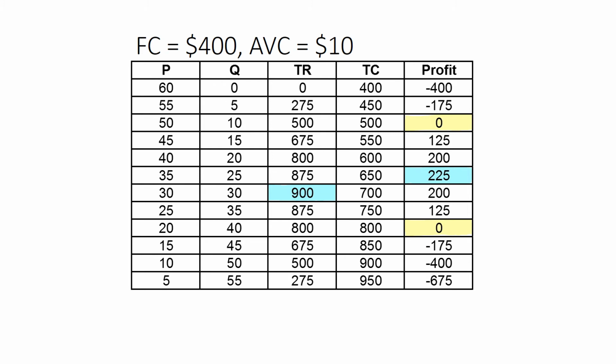What does this tell us about elasticity of demand at these prices? Price and total revenue are moving in opposite directions, so demand is elastic. As the price goes down, total revenue continues to increase, so demand is elastic until the price hits $30. At a price of $30, the total revenue is at its maximum of $900.